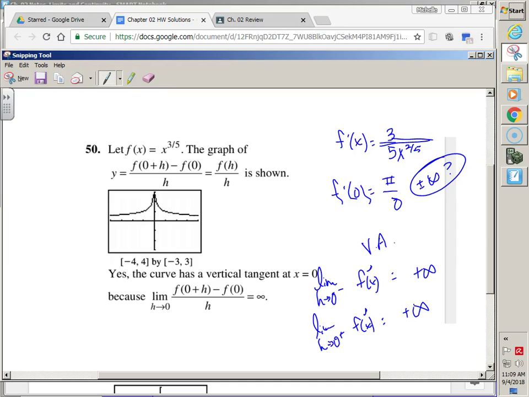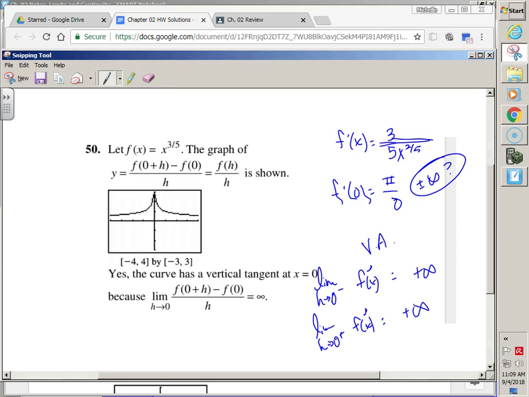And number 52, remember, this is just the cubed root of x squared. This won't be undefined anywhere, because number 1 is cubed root, so I don't even care about negatives. And number 2, the function has no vertical asymptote.